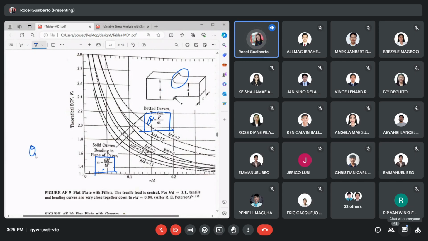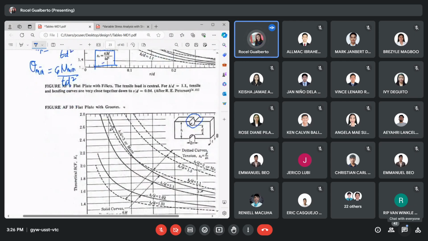If you want sigma maximum ng bending, magiging ano yun? 6M max over td squared. Okay? Kung siya naman po ay sigma minimum, what would be the equation? 6M minimum over td squared. Okay? So, nandito din naman po yung gagamitin nating equation for maximum and minimum.